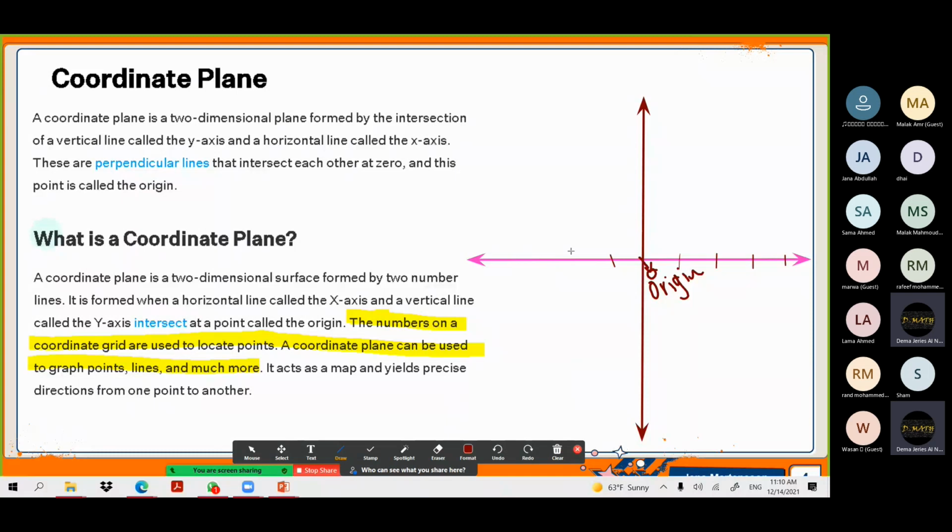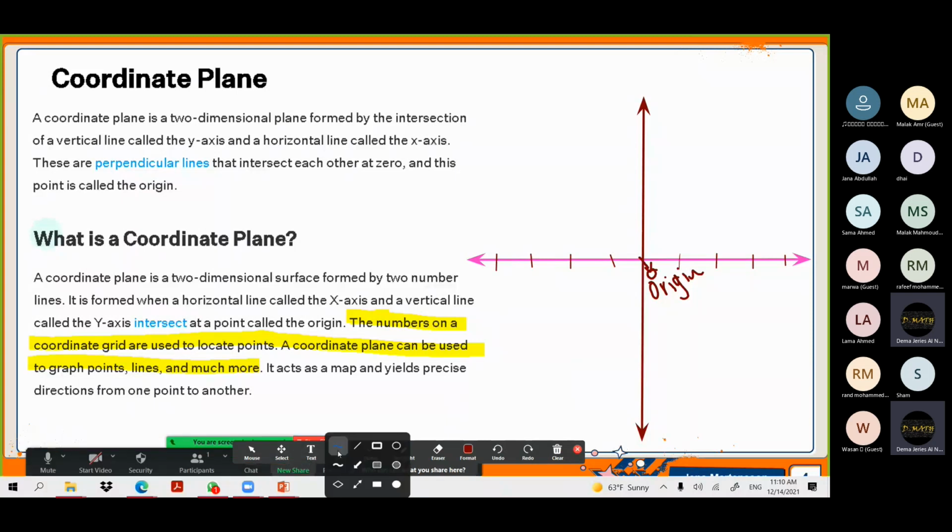Here we have -1, -2, -3, and -4. Do you remember the horizontal number line? To the right, we have positive numbers, and to the left, we have negative numbers. So here we have +1, +2, +3, and +4. Here we have -1, -2, -3, and -4.